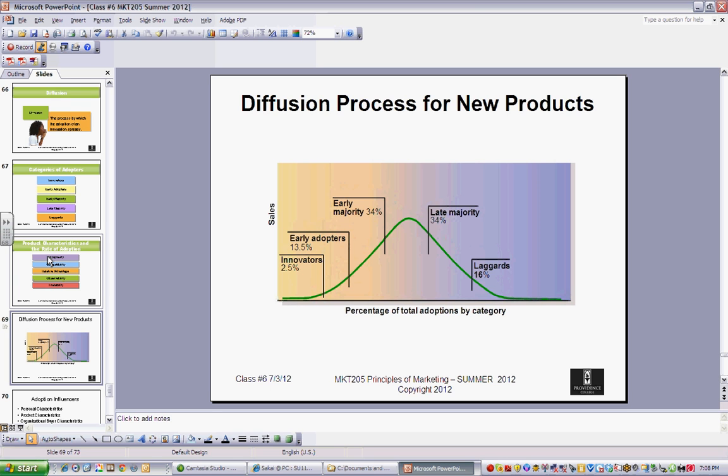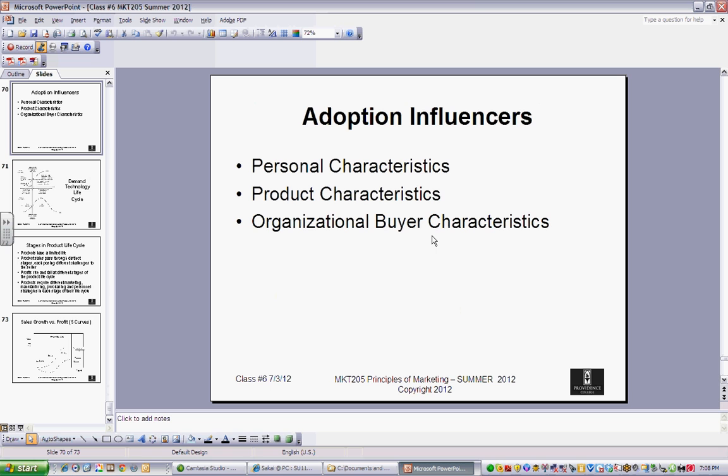So this is typically the adoption process for how people end up adopting products. Again, things that influence adoption are who you are as a person, what the product actually is, and, from a business perspective, how complicated the buying happens to be.